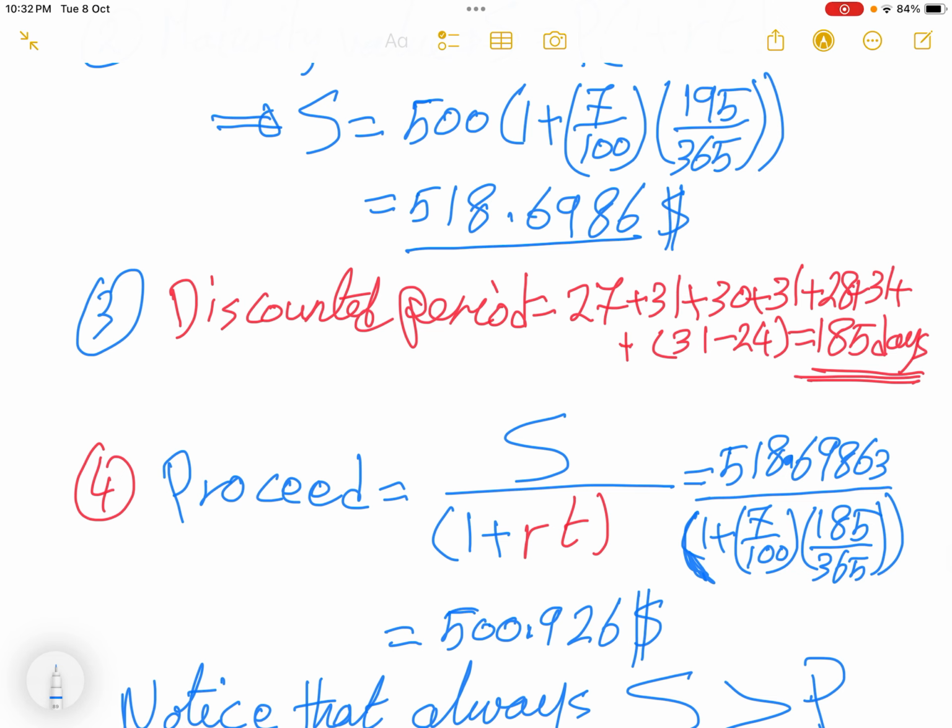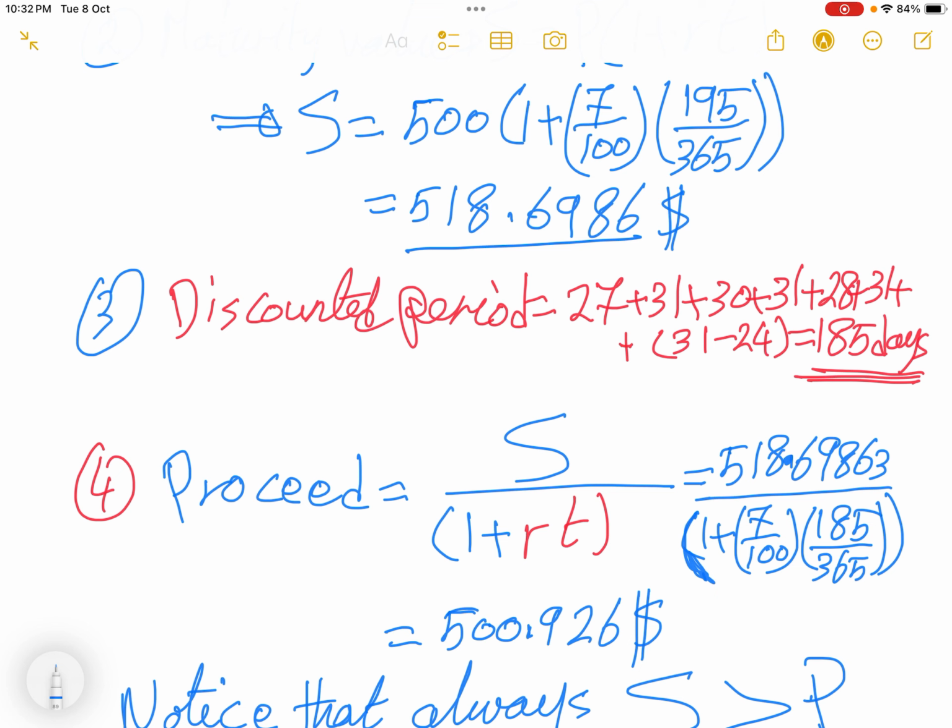Proceed, S over 1 plus RT. I write it in a red color since they are not a normal interest rate or time, they are discounted.